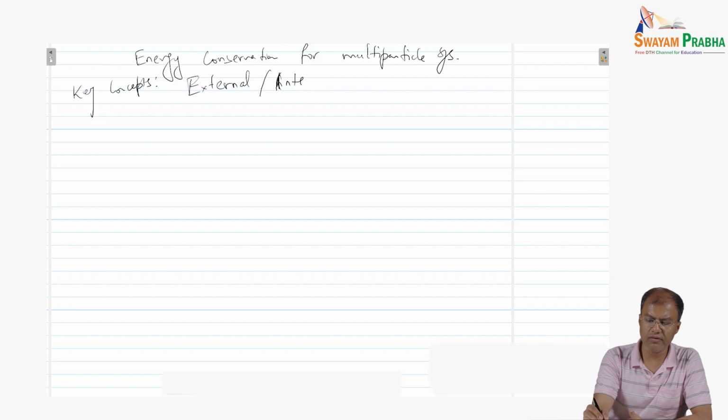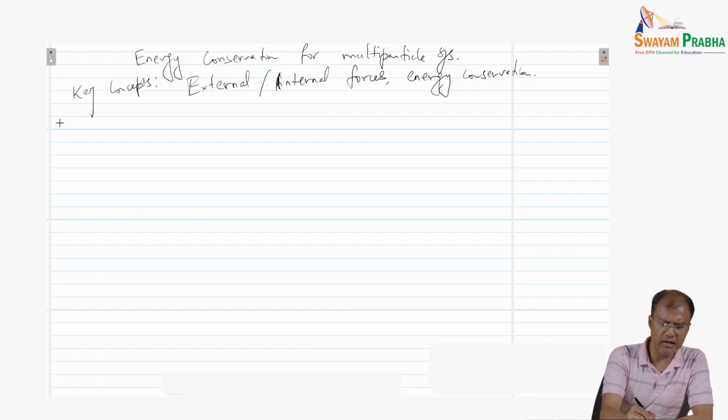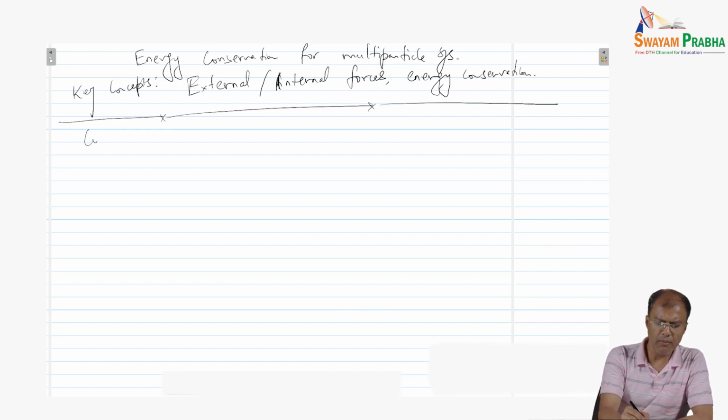So that is new to us this time, the internal forces, and the case of energy conservation. And we need to discuss some new set of coordinates to describe the system of particles. So let us start with some basic terminologies. We talk about configuration and degrees of freedom.